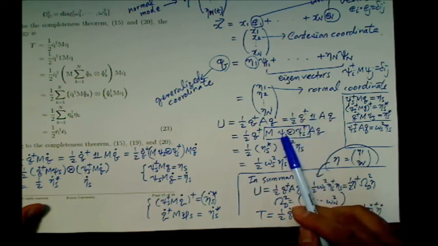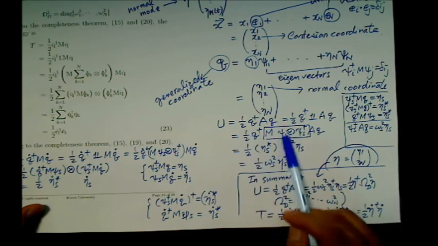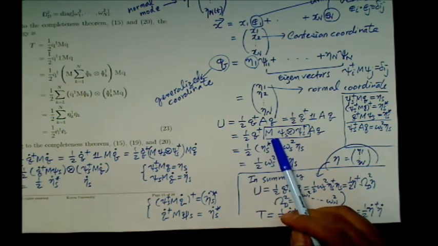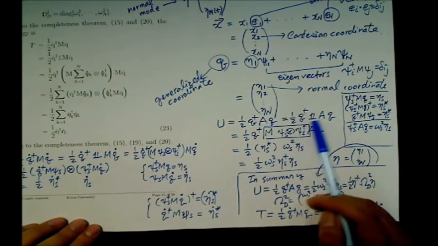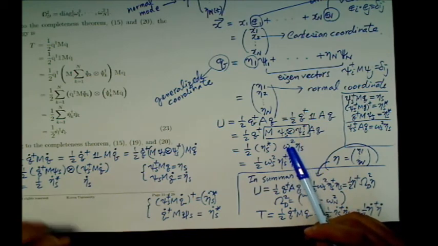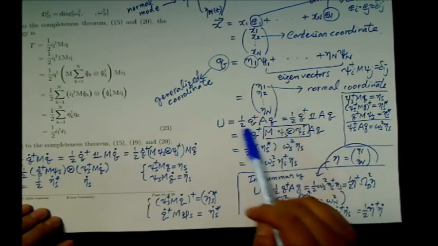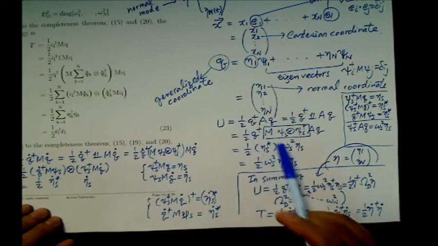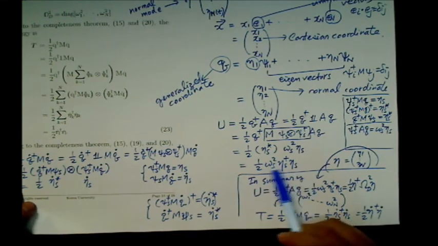We insert this to find that this one is the normal coordinate complex conjugate, and this one is the normal coordinate multiplied by its frequency squared. Therefore, the potential energy, which was expressed as a complicated mixture, is all separated into n pieces. Each piece has the form one half omega squared eta star eta, and these oscillators are all separated.